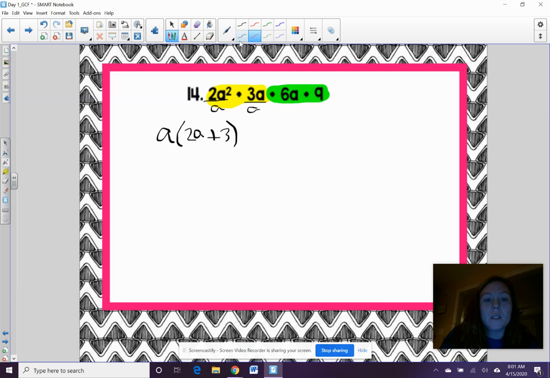Okay. Now, the GCF of 6a plus 9, we have to figure out a number that goes into both 6 and 9, and that number is 3. So, since 3 goes into both 6 and 9, and there's no letter, my GCF is just 3.